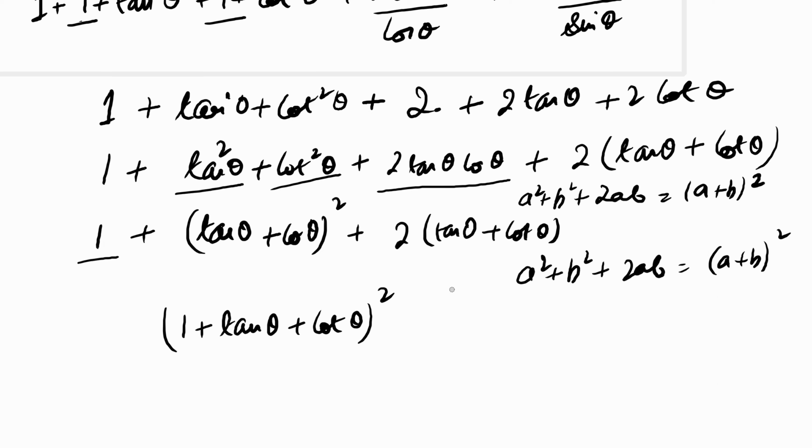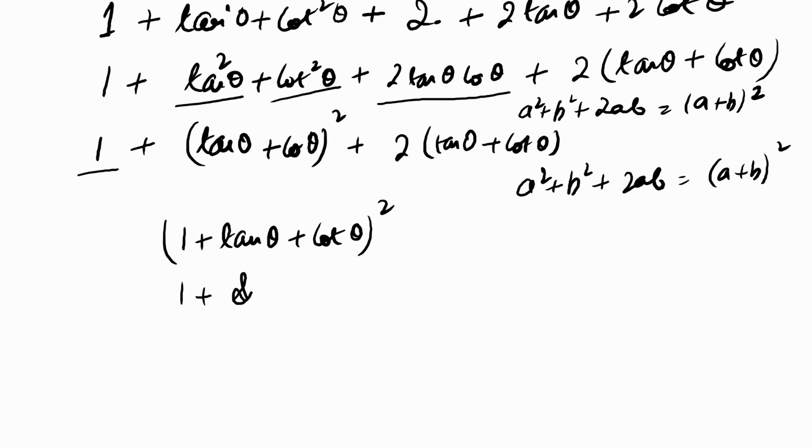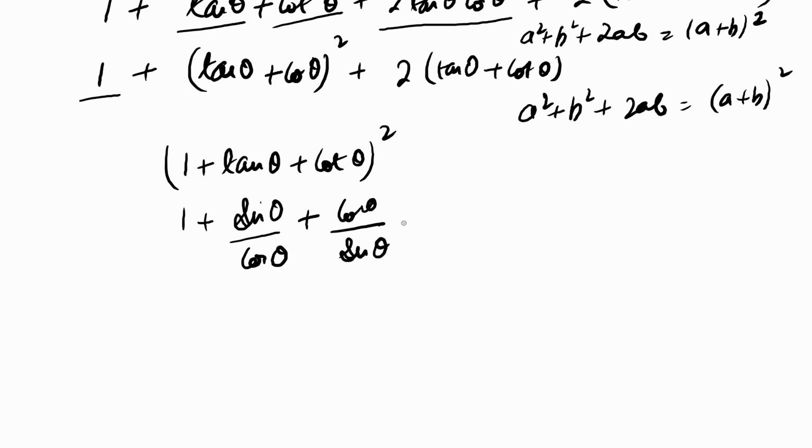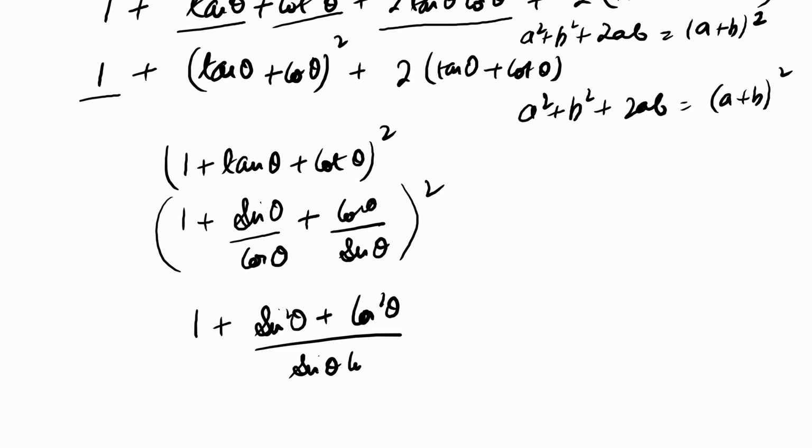Okay, so this will become 1 plus sin theta upon cos theta plus cos theta upon sin theta, whole square. Here I will be taking the LCM. Then I will use 1 plus sin square theta plus cos square theta upon sin theta cos theta, whole square, which is equal to 1 plus 1 upon sin theta cos theta.